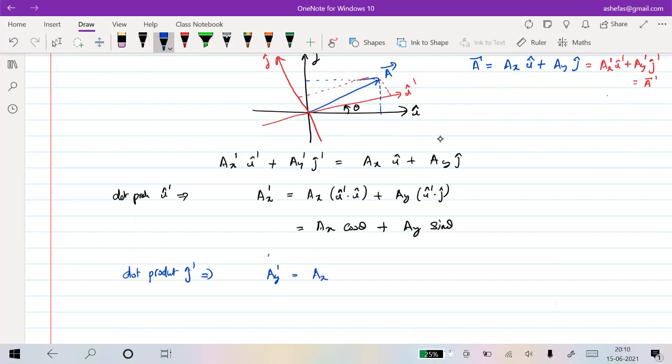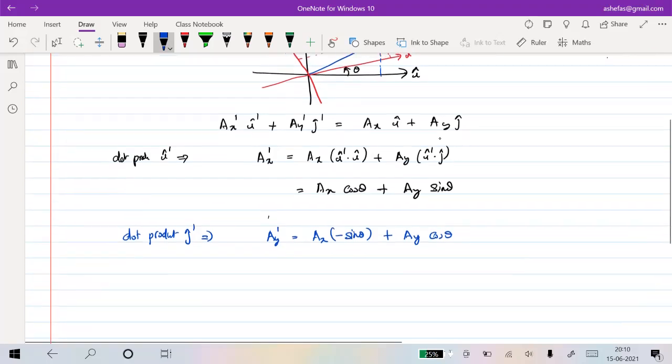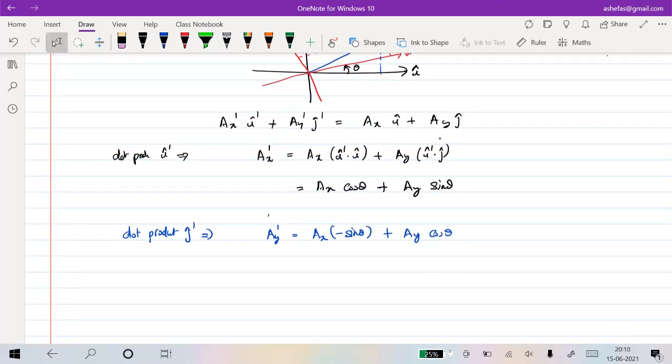Ax times j prime dot i: j prime dot i would be cos of 90 plus theta, which becomes minus sine theta, plus Ay times j prime dot j, which would be cos theta. So Ax prime is this, Ay prime is this.